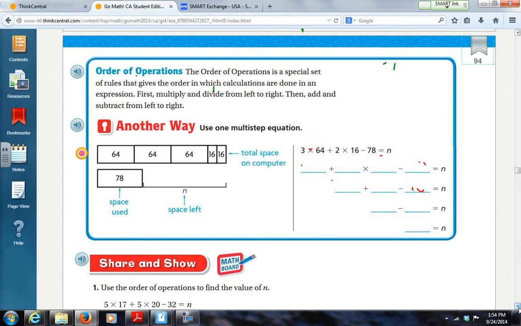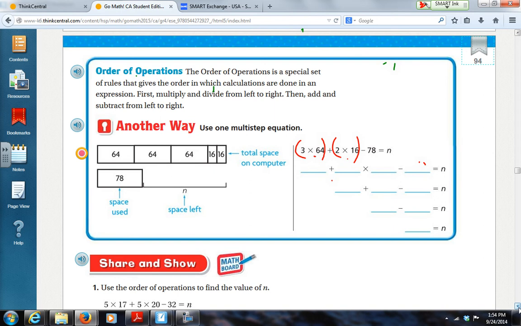If you need to think about it this way, put parentheses around it. If it's hard for you to read across a straight line like that, put parentheses around the multiplication problems that you're supposed to solve. Now I know I need to solve this, and then this, and then I got to add those together.